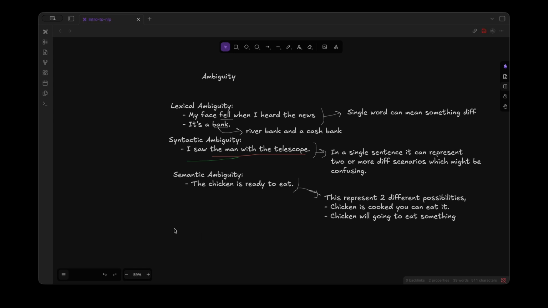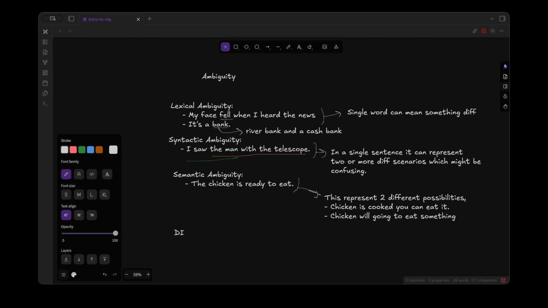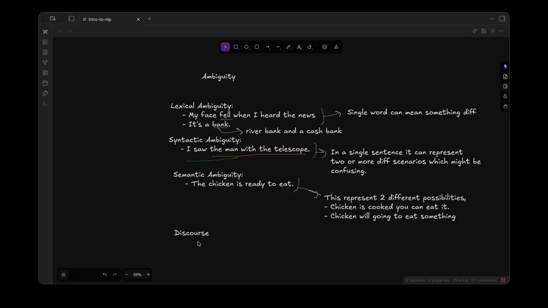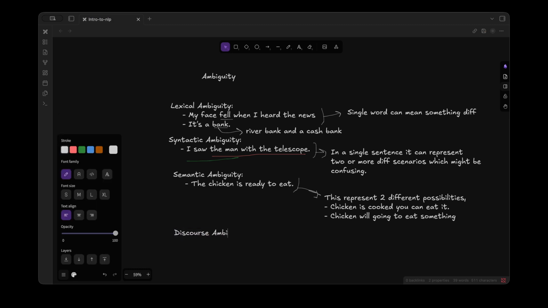Another thing is called discourse integration ambiguity, or discourse ambiguity. This basically means, what if Jade was talking to, say, Harry.